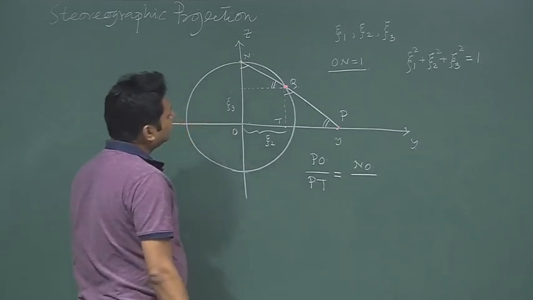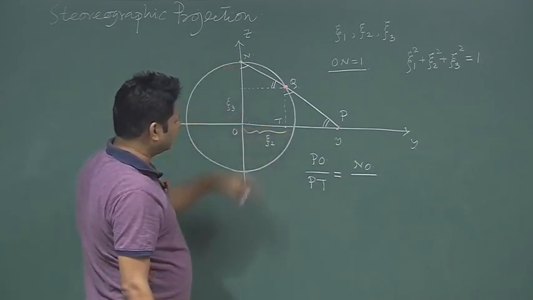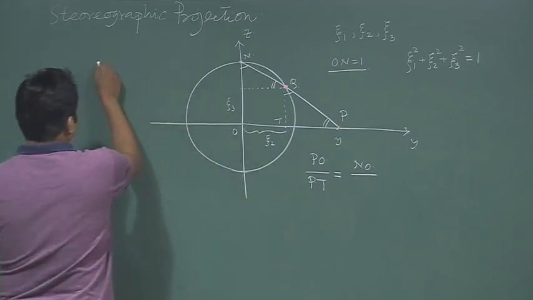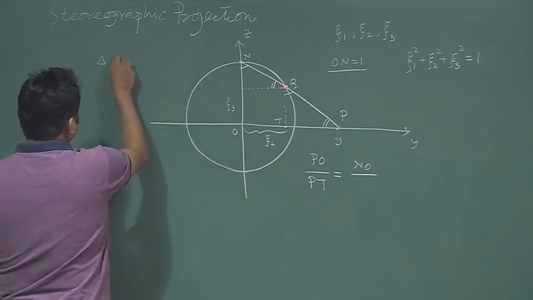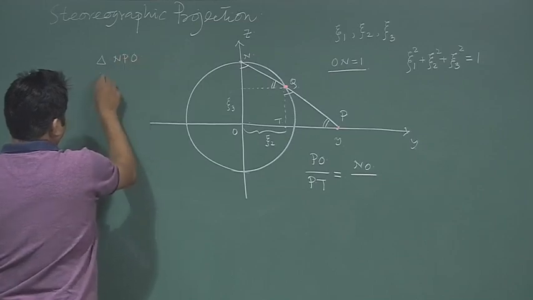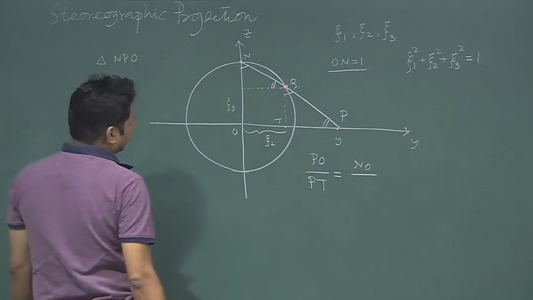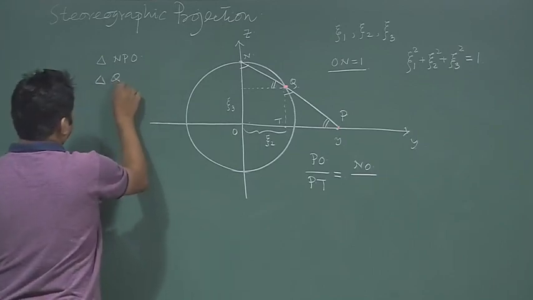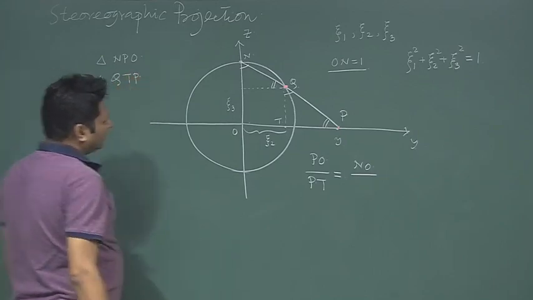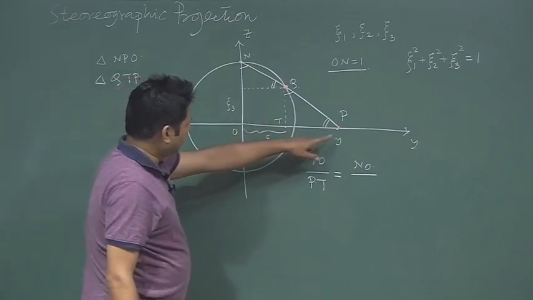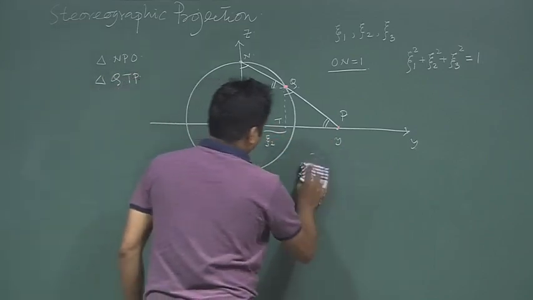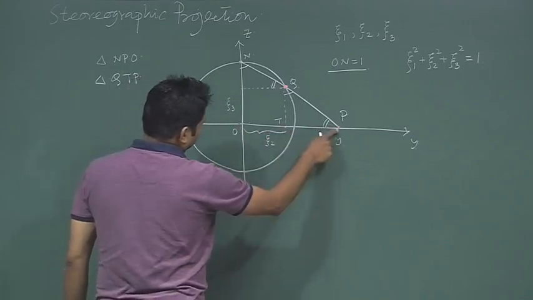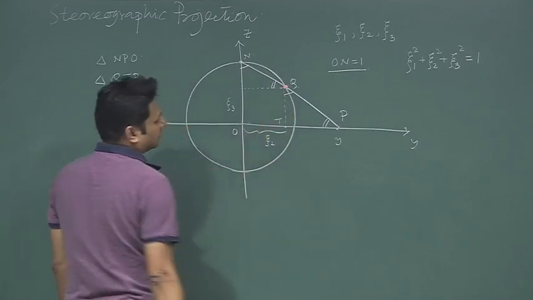So let me check once again if I am doing it correctly or not. So two triangles are there: triangle NPO and triangle QTP. This divided by this is equal to this divided by this.